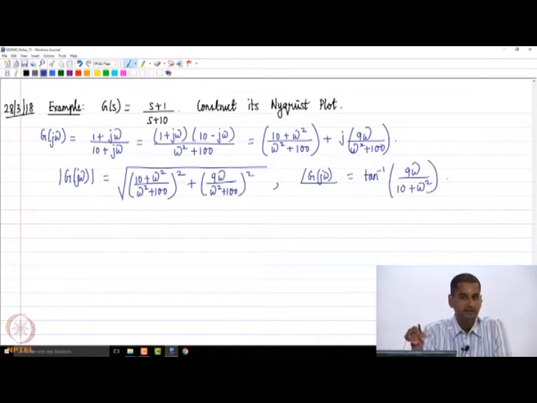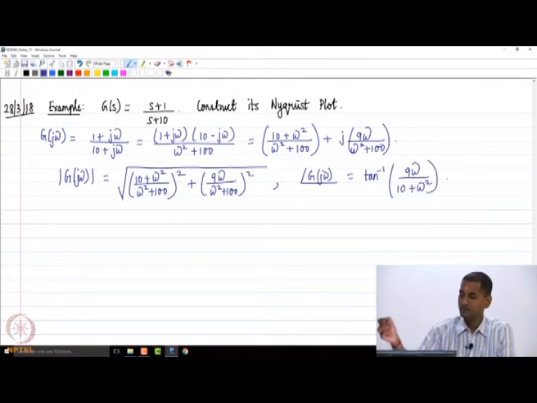Once we process the sinusoidal transfer function, when you want to plot the Nyquist plot, you also create a table and start substituting different values of omega that you think are critical, and start calculating the real part, imaginary part, and so on, so that you get an idea as to what would happen as these functions tend to those frequencies.